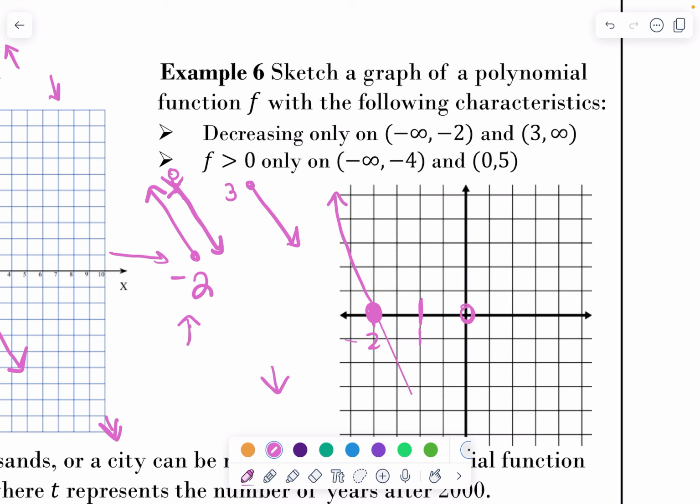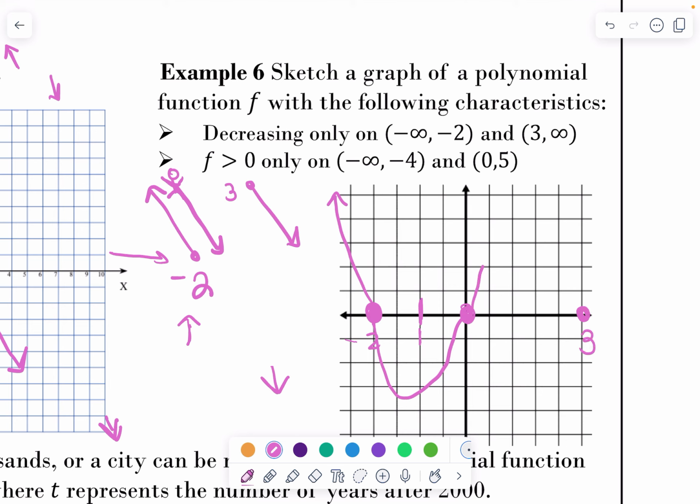Oh, what's going on with my graphing tool? Going down, but I know I'm going to hit my origin, right? Because it says f is greater than 0 only on negative infinity to negative 4 and 0 to 5. And so from 0 to 5, I'm going to have to go above, and then I'm coming back to decrease when I'm at 3, and we'll call this 3.